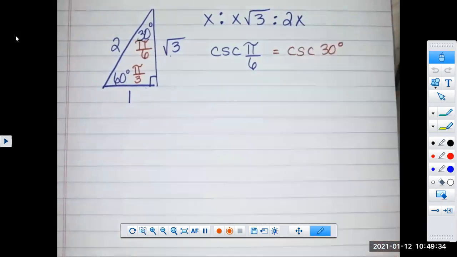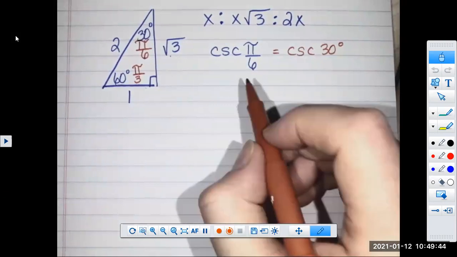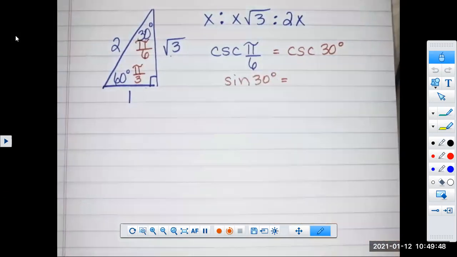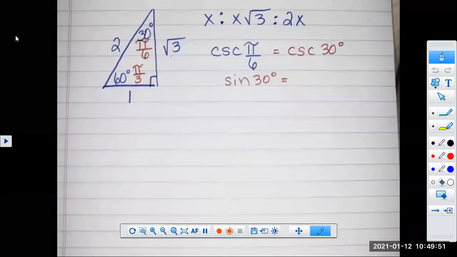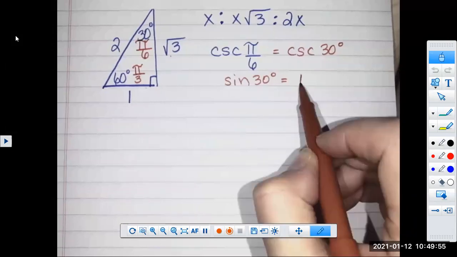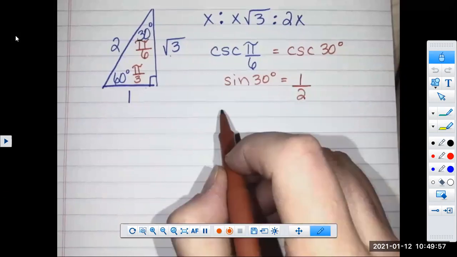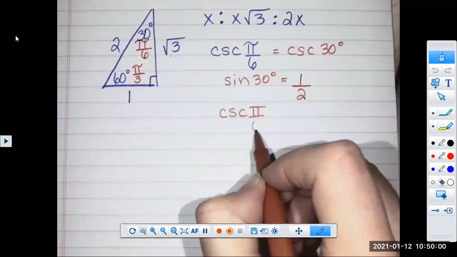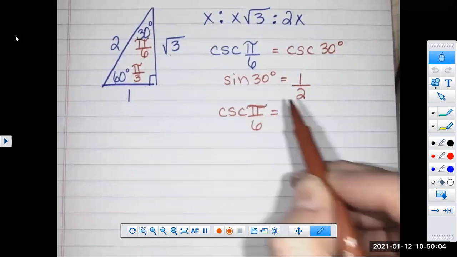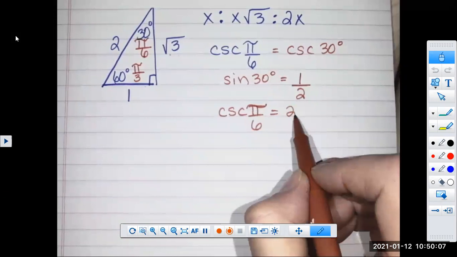But to get cosecant, the easiest thing is to find which basic trig function first? Good. So if you find sine of 30 degrees, tell me what the sine of 30 is. Opposite over hypotenuse. Good, it's 1/2. So that means cosecant of pi over 6 is going to be what? Two.